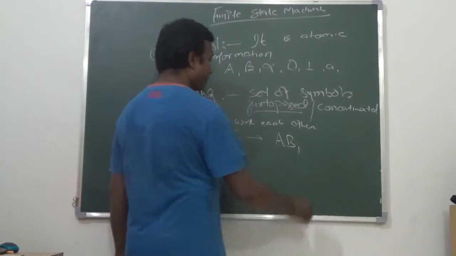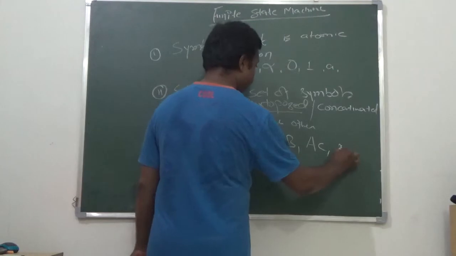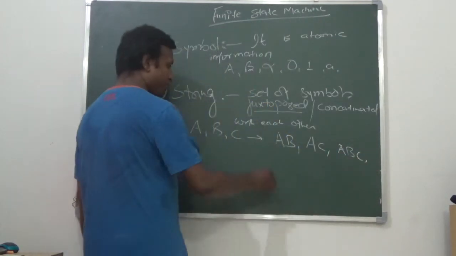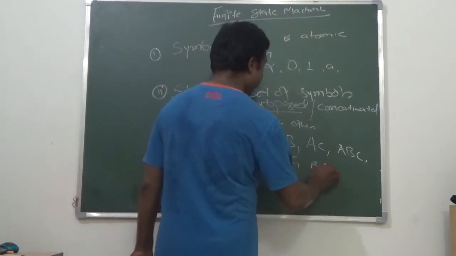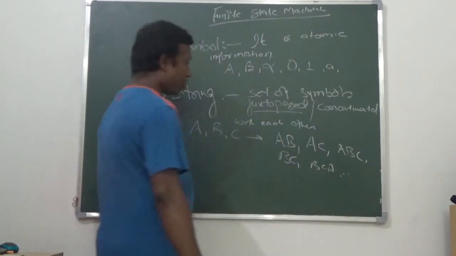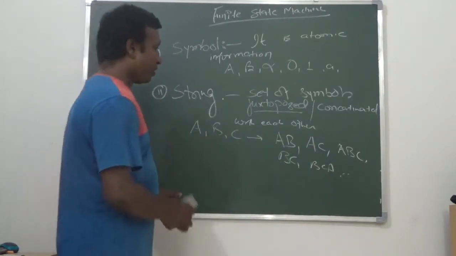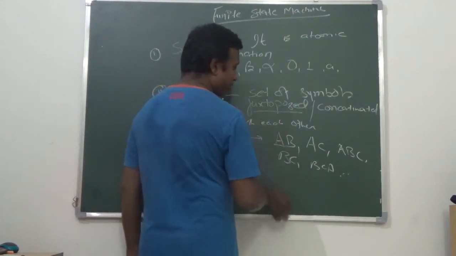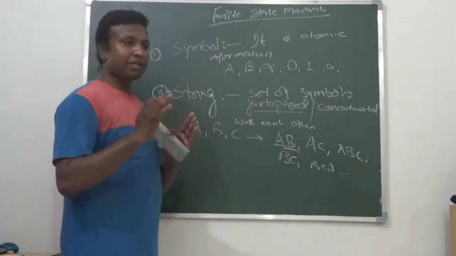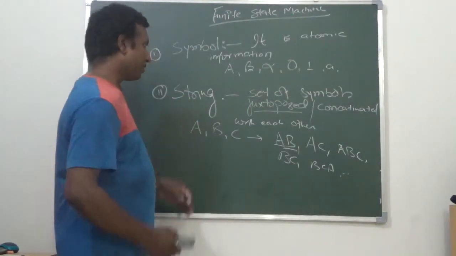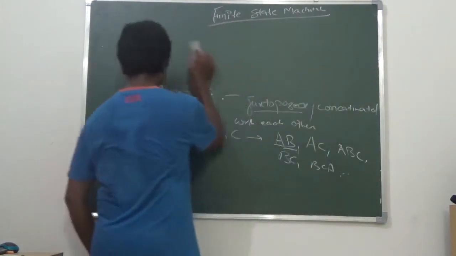Another string possible is AC. Another string possible is ABC. Another is BC. One more is possible like BCA, etc. So all these things are nothing but strings. If we take one symbol, and another symbol is concatenated with that symbol, whatever the result is, it is a string, right? So this is what we define.